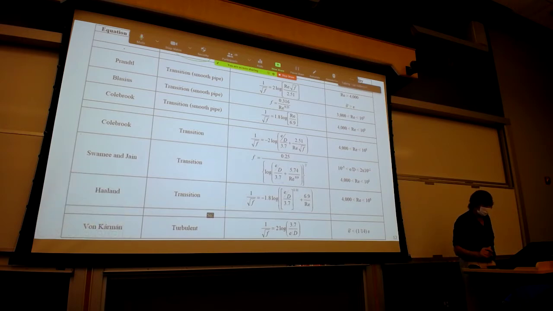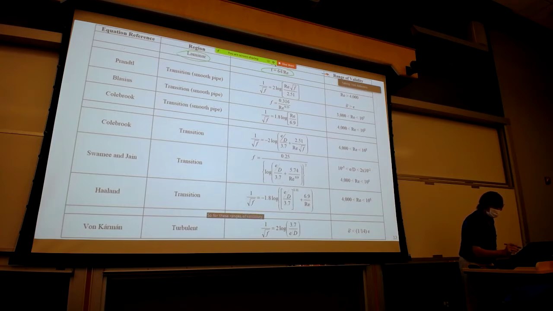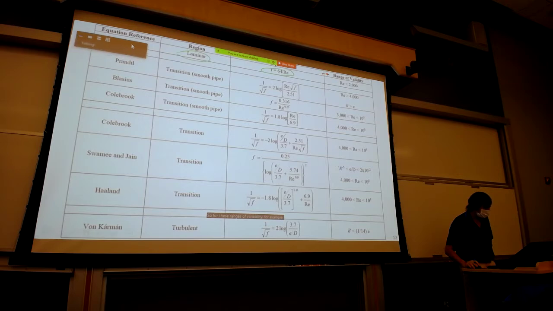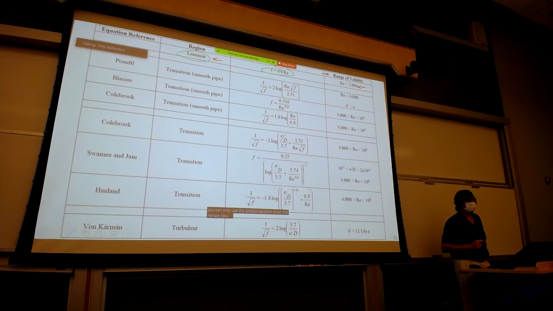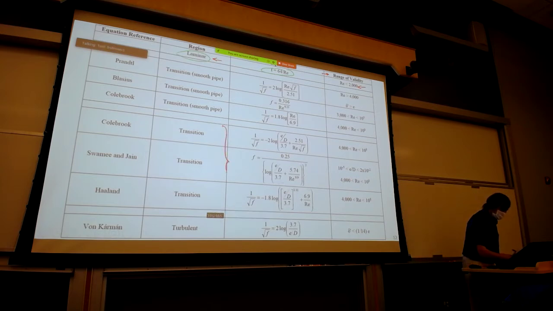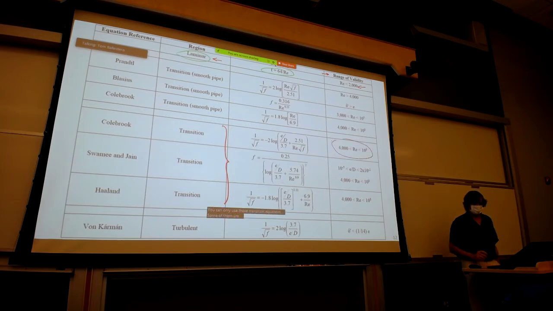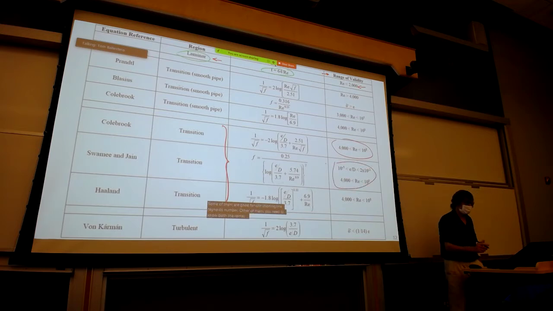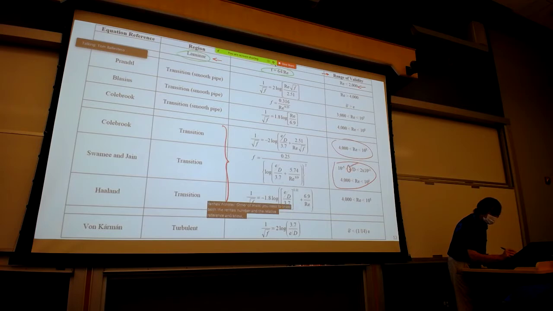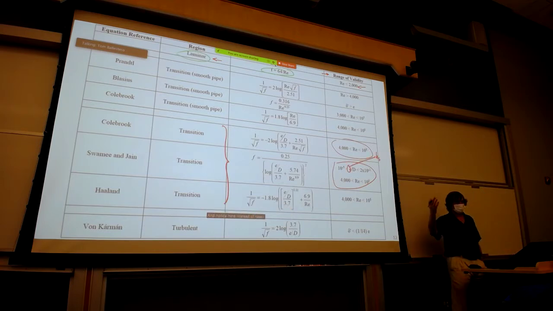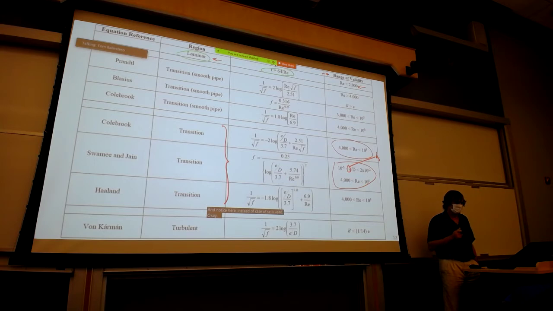So for these ranges of variability, for example, you can only use the laminar equation when the Reynolds number is less than 2,000. You can only use these transition equations. Some of them are good for just knowing the Reynolds number. Others, you need to know both the Reynolds number and the relative roughness. And notice here, instead of Ks, E is used. Okay, not the end of the world.